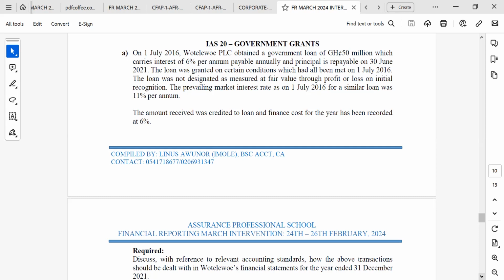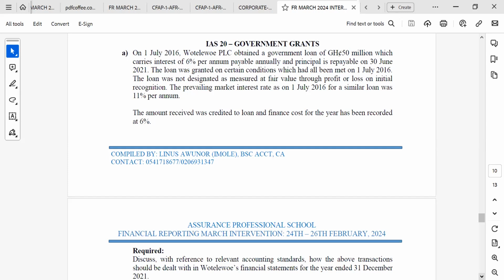The loan was not designated as measured at fair value through profit or loss on initial recognition. The prevailing market interest rate as on 1 July 2016 for a similar loan was 11% per annum. The amount received was credited to loan and finance costs for the year has been recorded at 6%.